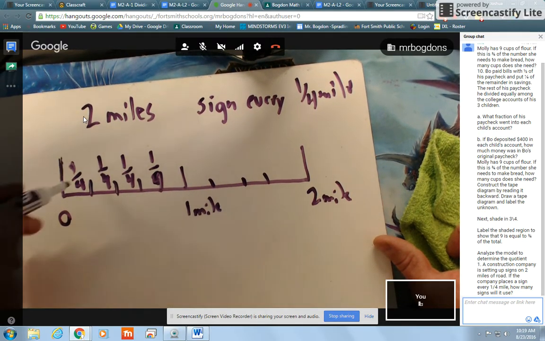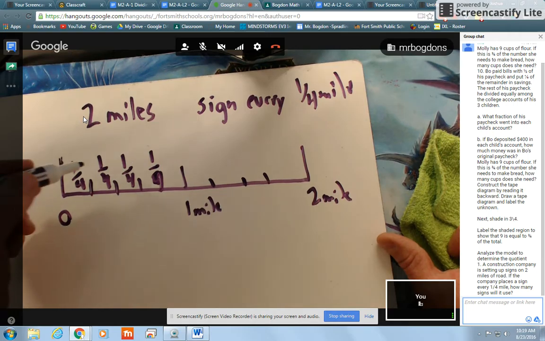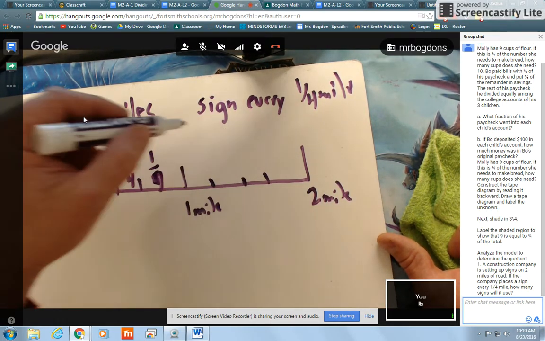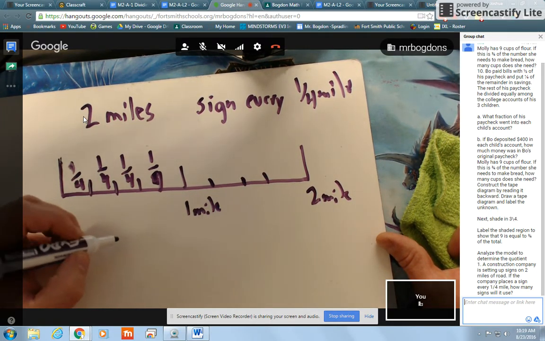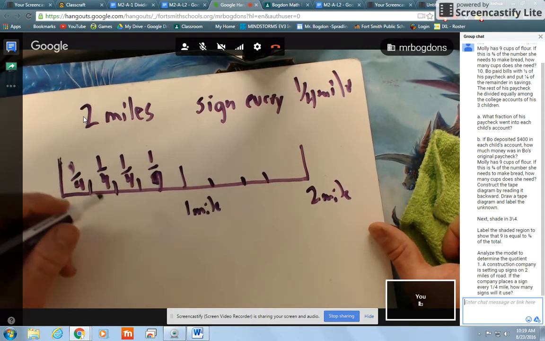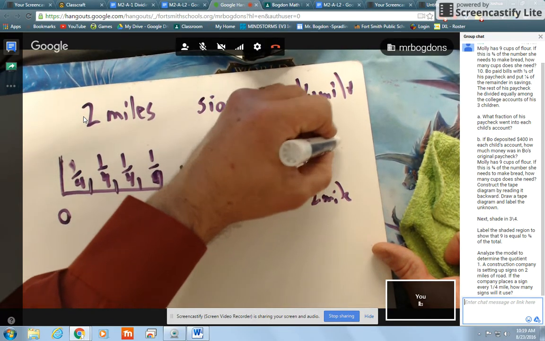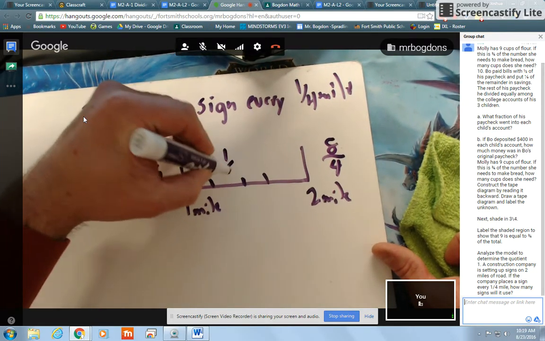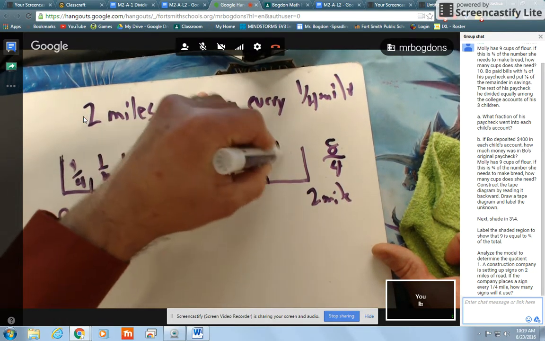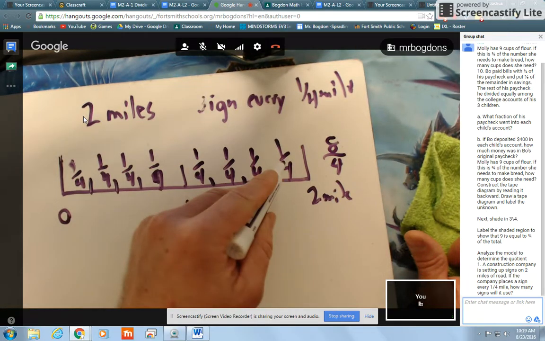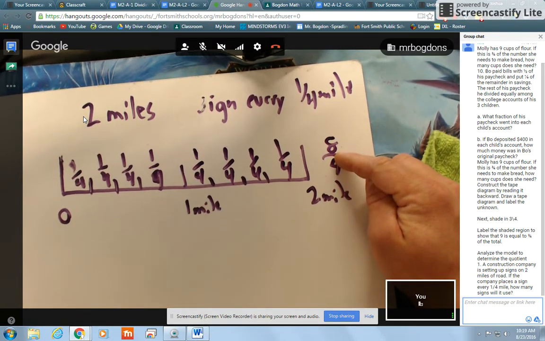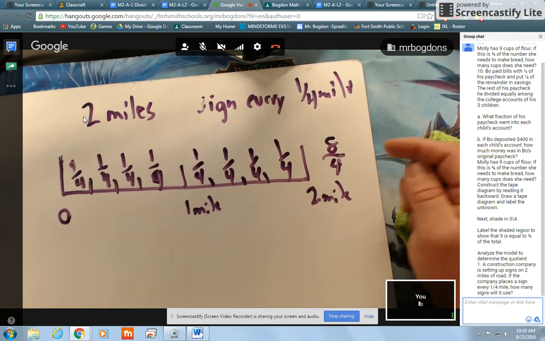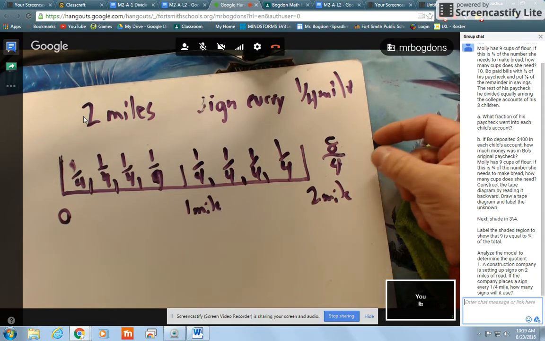So that had 4 fourths, and this one will have 4 fourths as well. That ends up being 8 fourths total. Because what is 1/4 plus 1/4 plus 1/4 plus 1/4 plus 1/4 plus 1/4 plus 1/4 plus 1/4? 8 fourths.